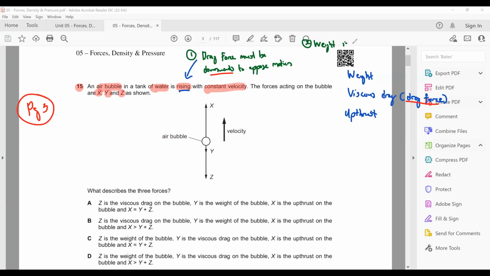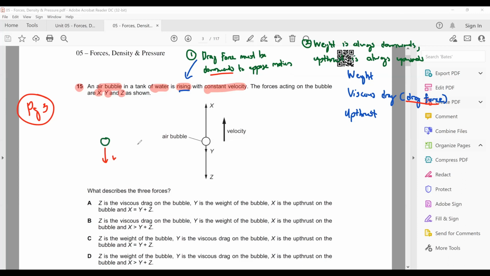Upthrust is always upwards. Okay, so you establish now that there are a few things. You have something like this.